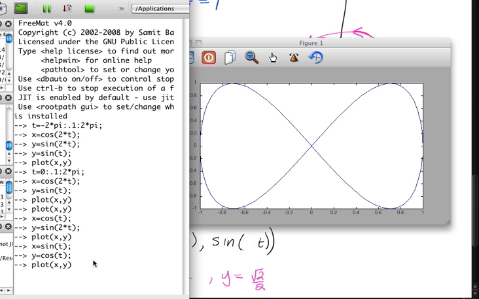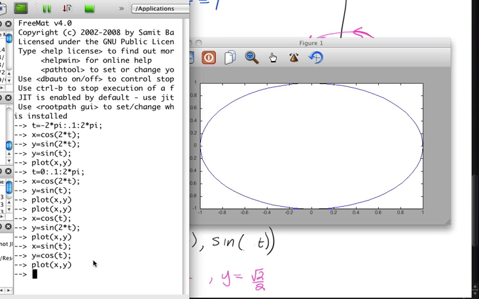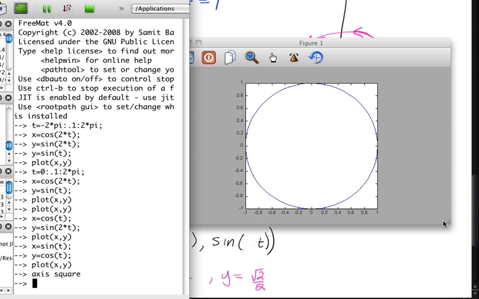What do you guys think that's going to look like? Right, or an oval. It looks oval, but it's not. It's a circle.